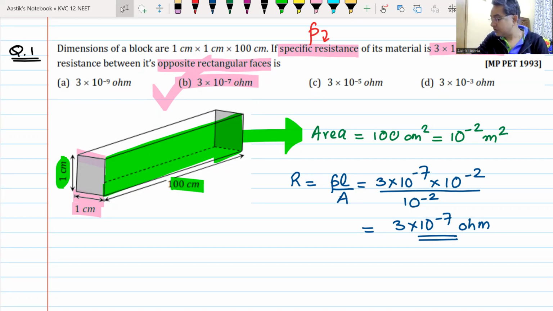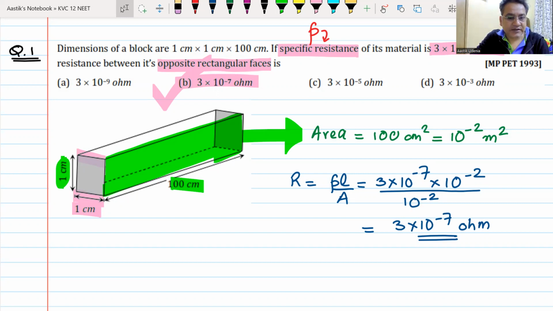So on resistance and resistivity, we will solve a couple of problems, and then we will see what happens if I stretch a wire. Those are the questions that come on stretching a wire. But before that, we will solve this question.